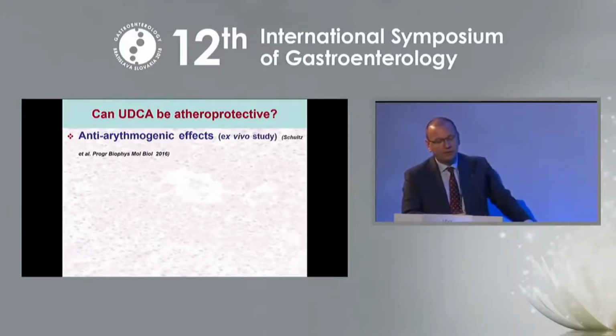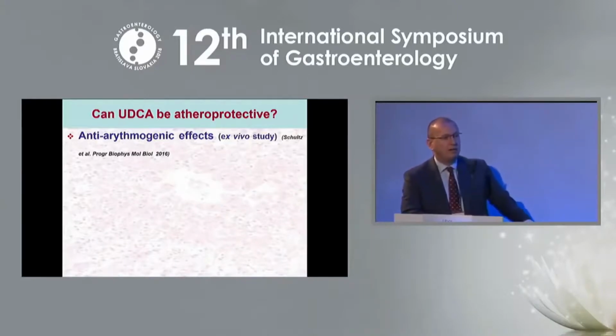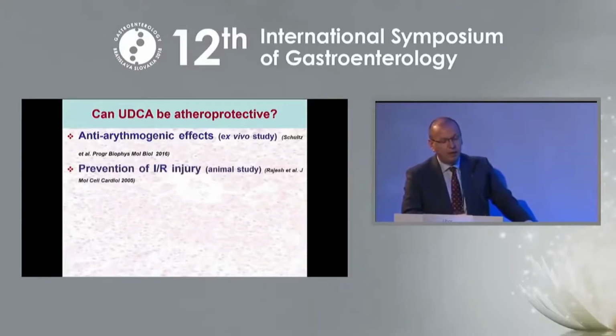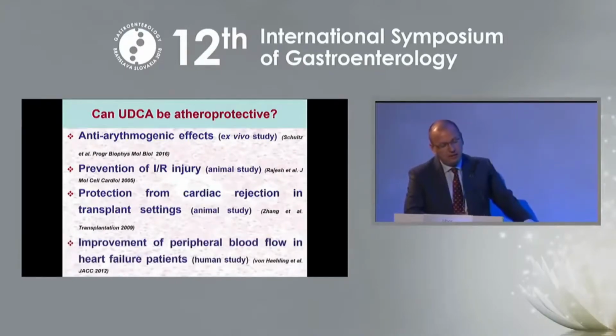This is based on an ex vivo study, but we also know that it can be successfully used to treat intrahepatic cholestasis of pregnancy, having an anti-arrhythmogenic effect as well. It can prevent ischemic reperfusion injury based on this animal study. It can even protect from cardiac rejection in transplant settings, again an animal study. It can improve peripheral blood flow in heart failure patients.